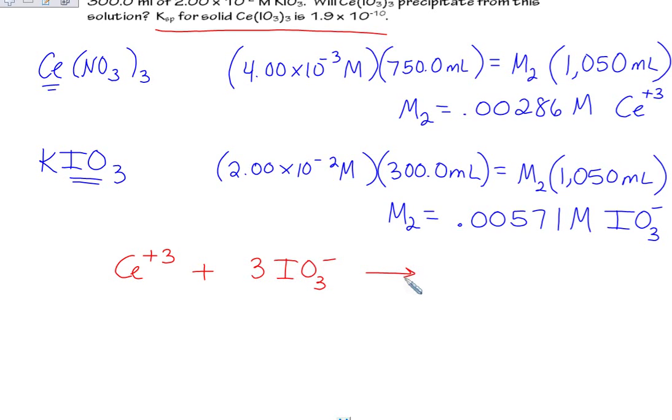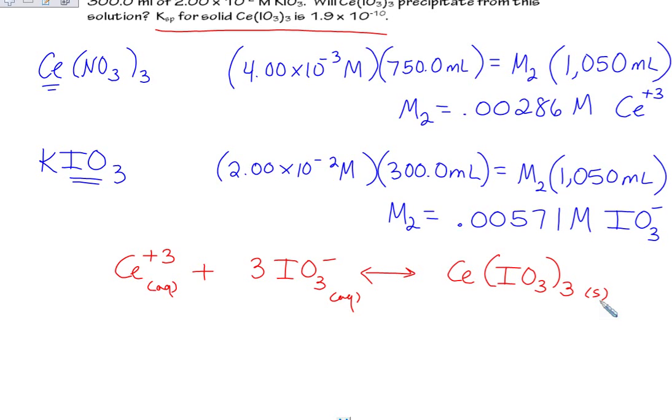And then I want to know, like, what's this tendency to form a precipitate? The cerium iodate, Ce(IO3)3. And if you wanted to, you could put phase symbols in. Everything on this reactant side is aqueous. These are ions. And this would be my precipitate, if it forms.